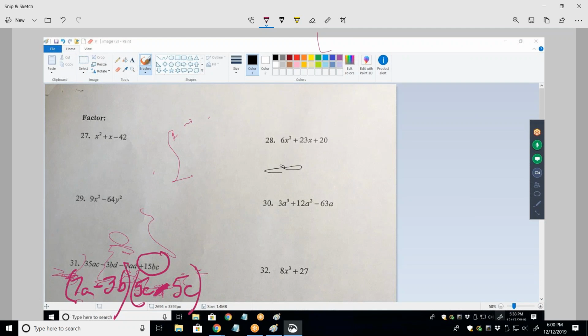If I'm going to take this answer that I have and multiply it back together again, I'm going to do every term times every term. Okay? The first term gives you 35 AC. See that? Yeah. Second term gives you minus 35 AC.